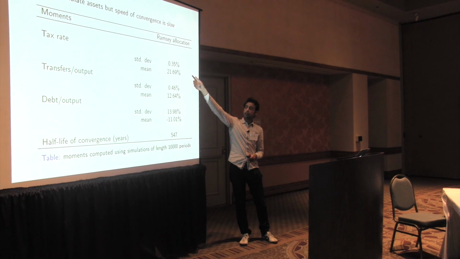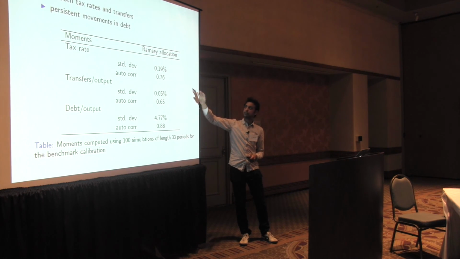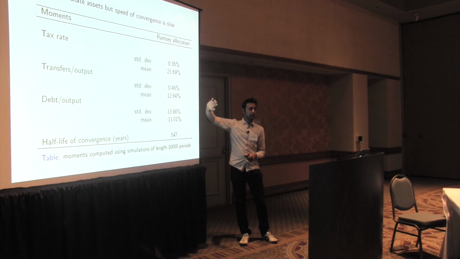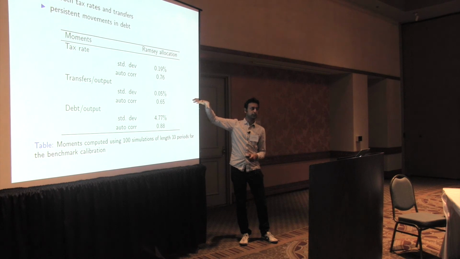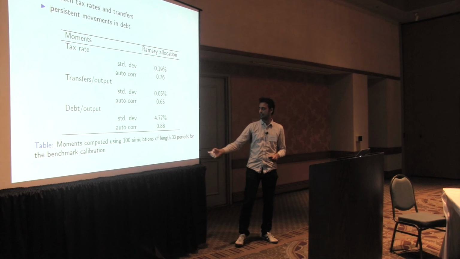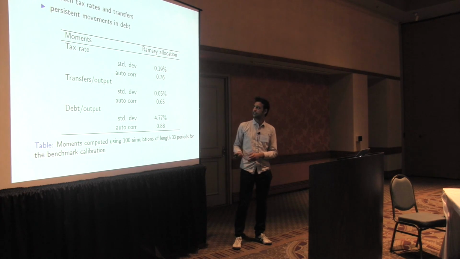Taxes are not that volatile, either in the long run or in the short run. So this table tells you the properties of the three instruments, taxes, transfers, and debt, after we simulate for a long run. And the next table will give you the same quantities for a transition, for 33 years, as we see in the data.